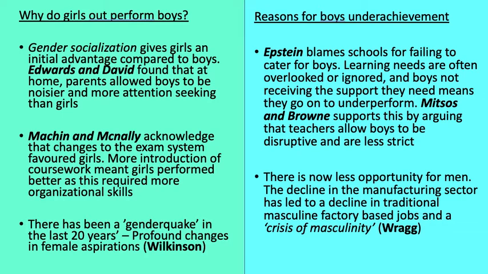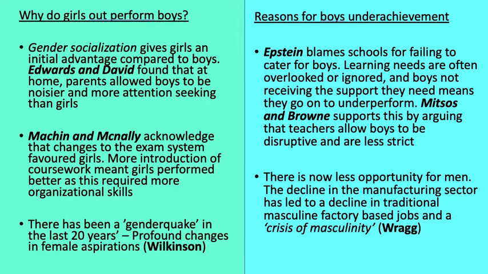And then looking at reasons for boys' underachievement, so why boys perform worse than girls. We've got Epstein, who blames schools for failing to cater for boys and their needs. He argues that learning needs are often overlooked or ignored, and boys don't receive the support they need, and that's why they underperform. And then Mitsos and Browne support this by saying that teachers allow boys to be much more disruptive than girls.